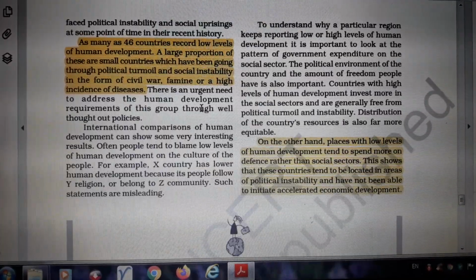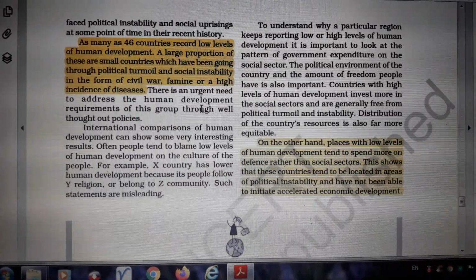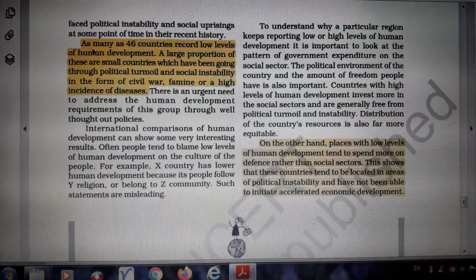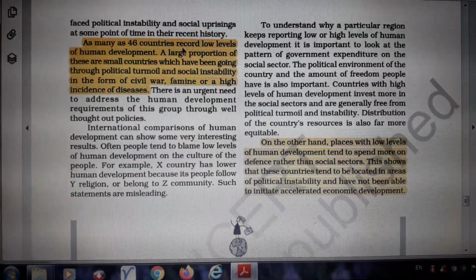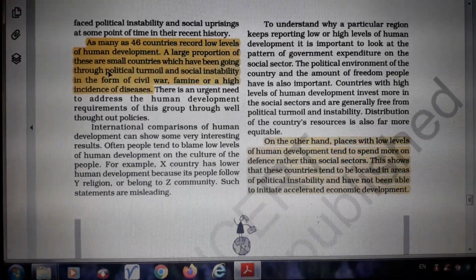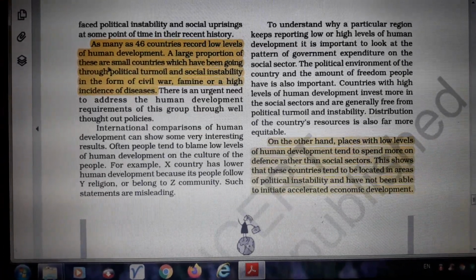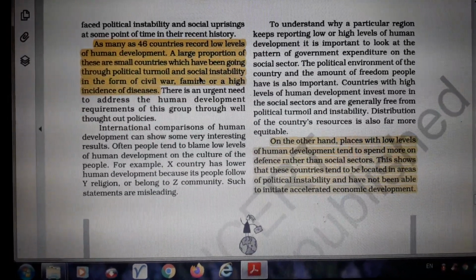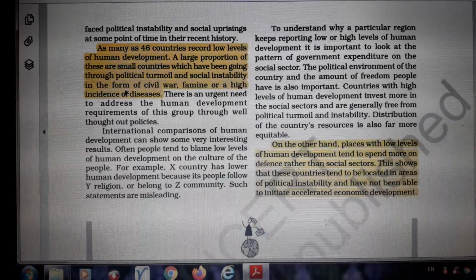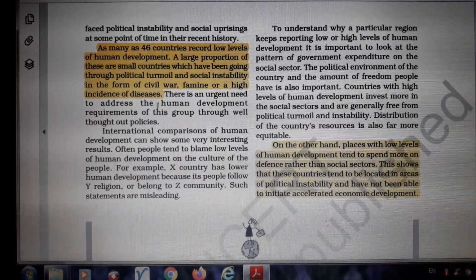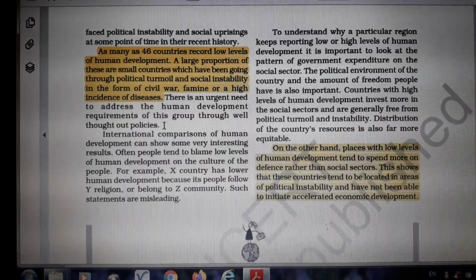Now you can see why some countries are at a very low level. As many as 46 countries record a low level of human development. A large proportion of these are small countries which have been going through political turmoil and social instability in the form of civil war, famine, or high incidence of disease, so they have to spend more money on defense.